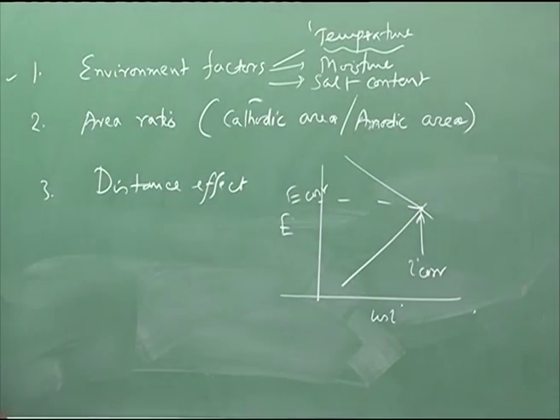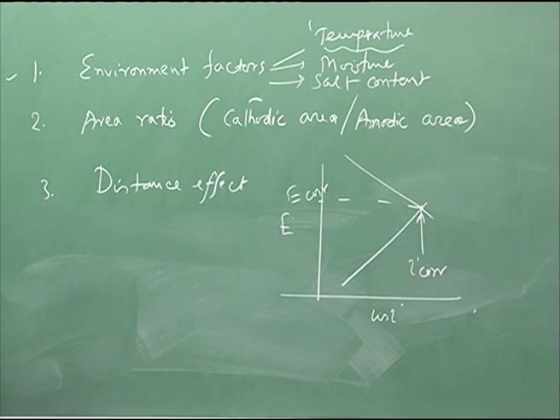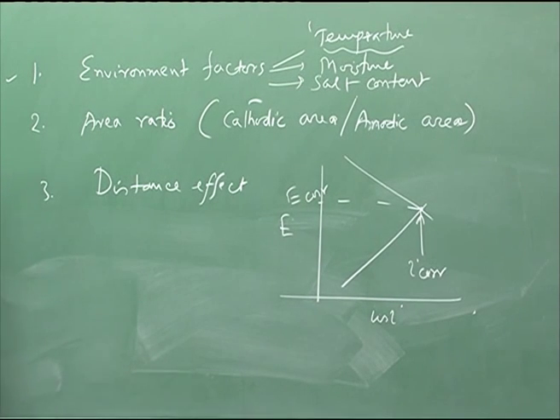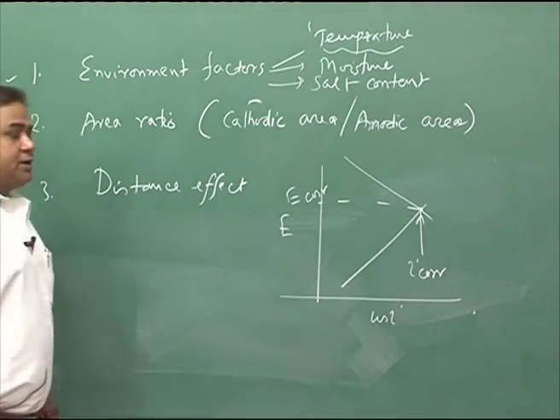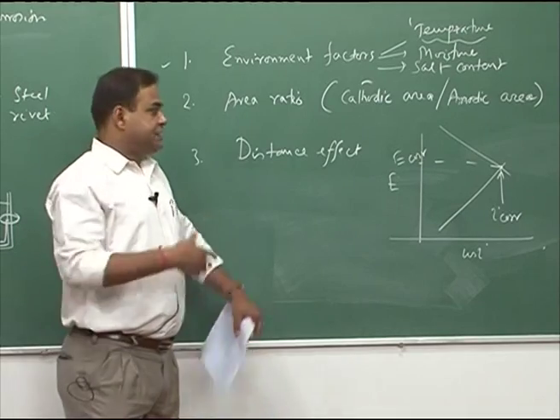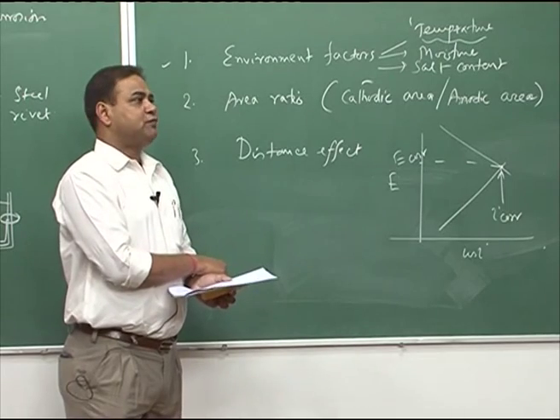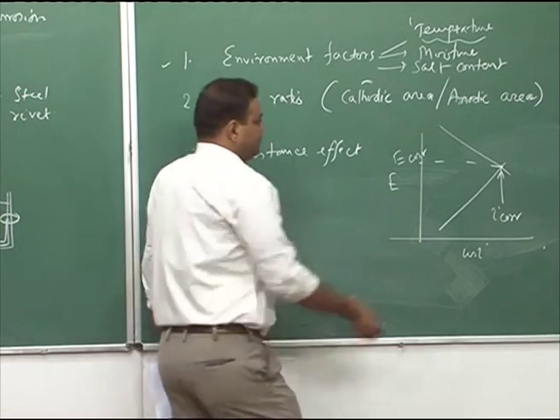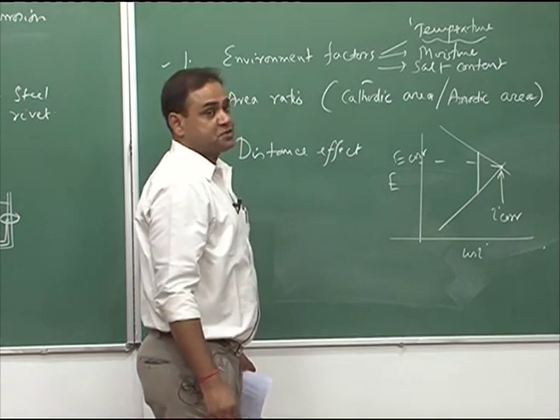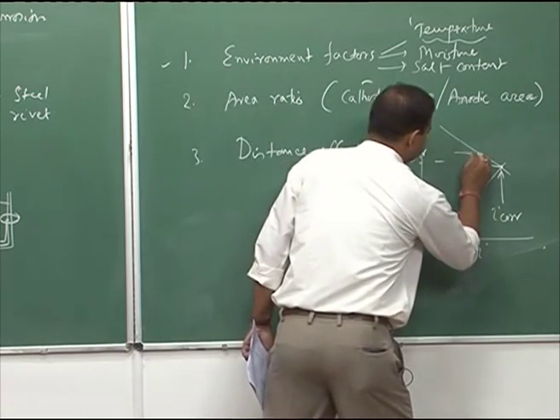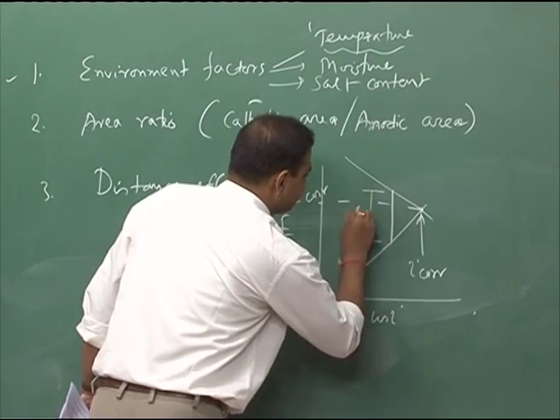Now, if there is no resistance, that means the electrolyte is highly conducting, then the situation would be like this. If the electrolyte is not that conducting, if there is resistance to the flow of ions, then we have resistance drop or resistance polarization. This resistance polarization is measured as IR drop.